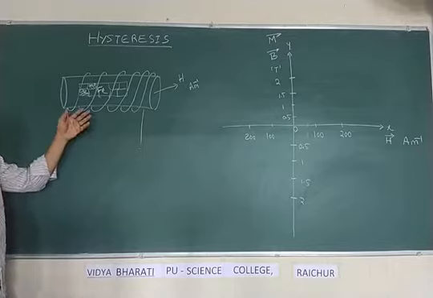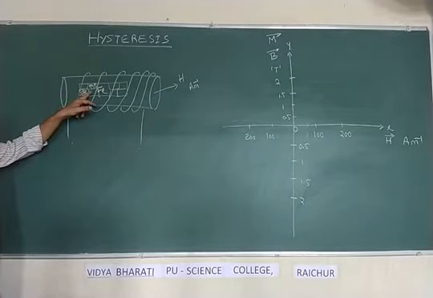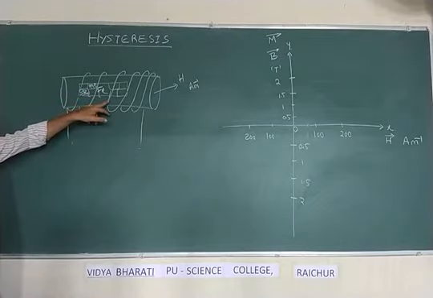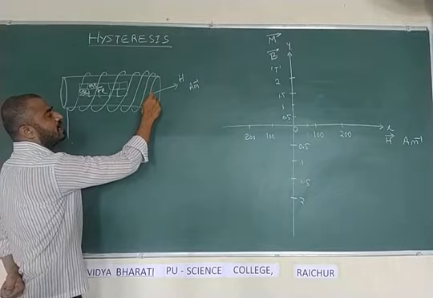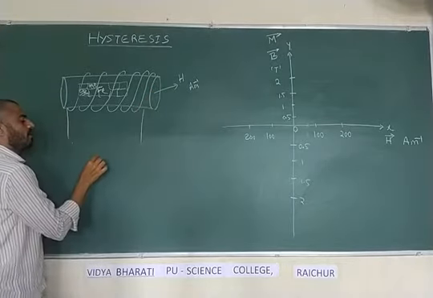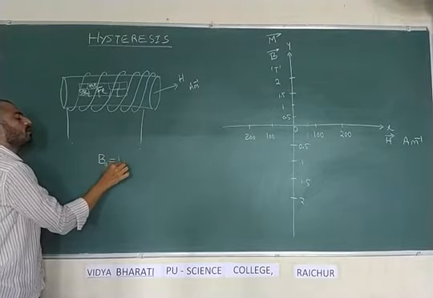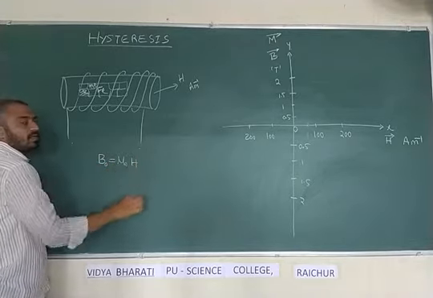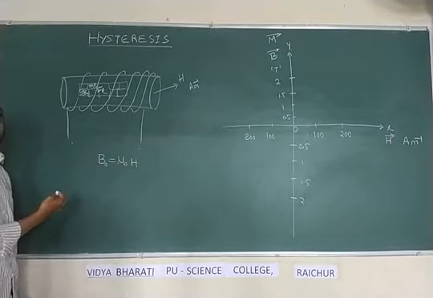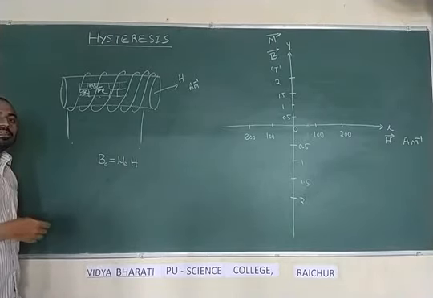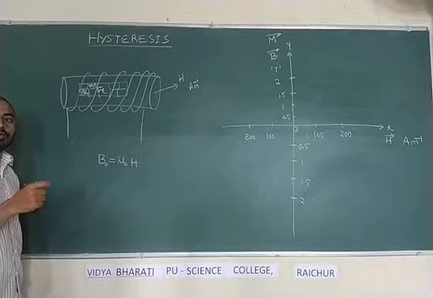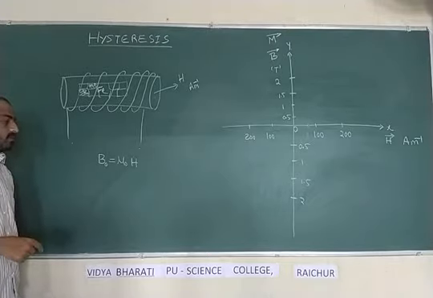And that is done by subjecting that iron to this external magnetic field. Now, the magnetizing field intensity H inside the current carrying solenoid, that magnetic field is given by B naught equal to mu naught H. This already we discussed when we were discussing the important terms related to magnetism.